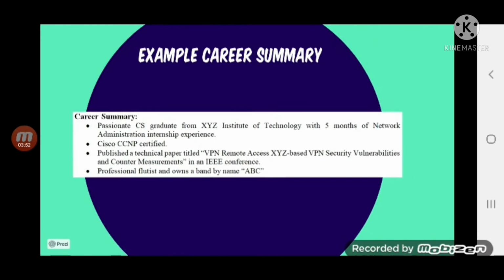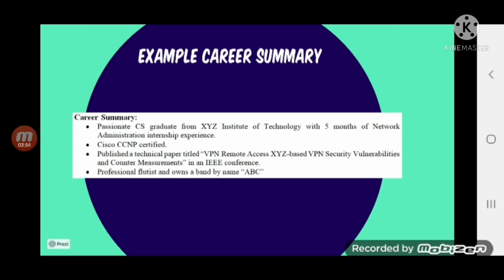You can see here, the candidate is mentioning his engineering specialization and the institute with a 5 months internship experience as network administration. And Cisco CCNP certified.